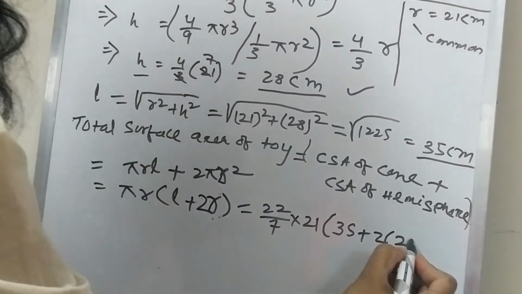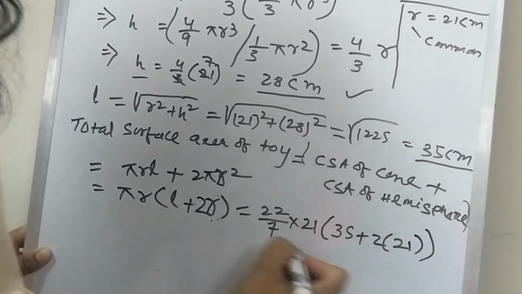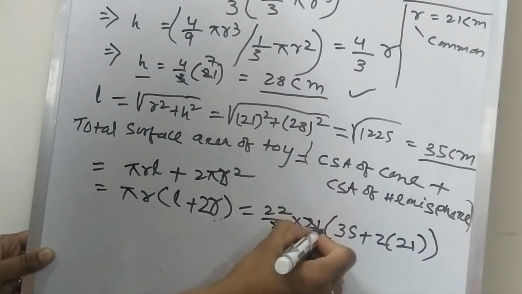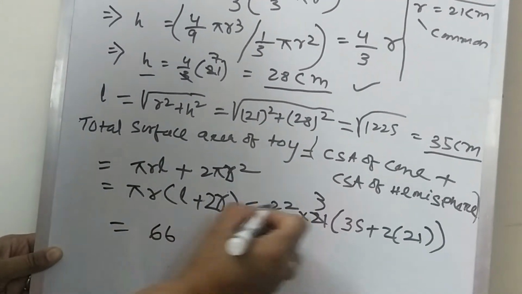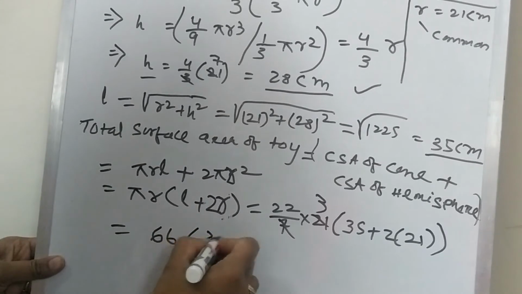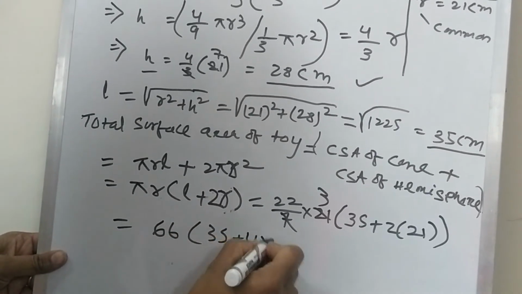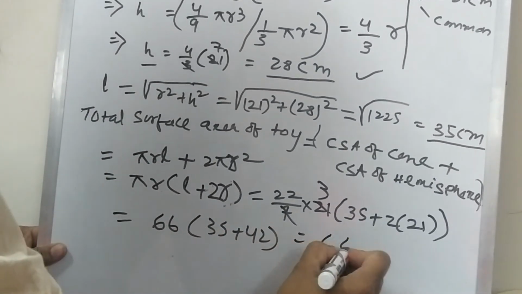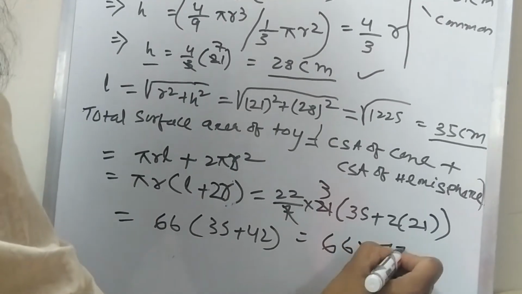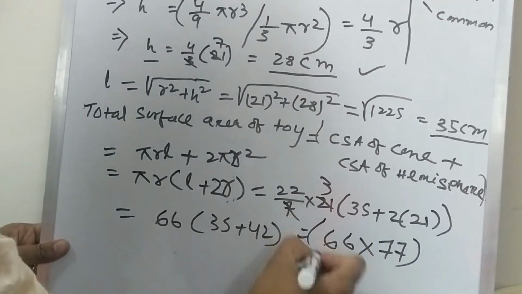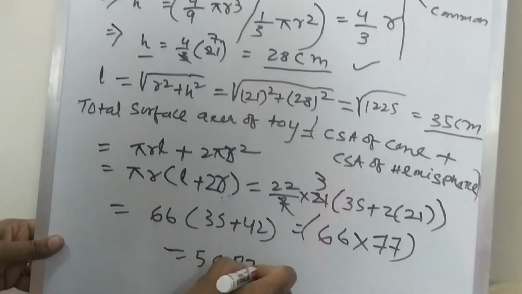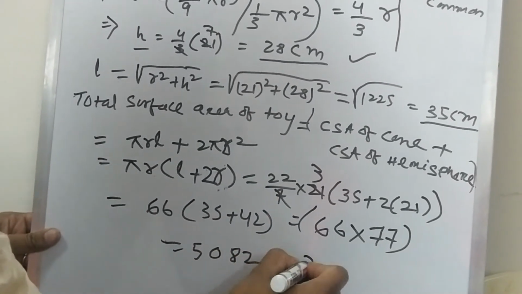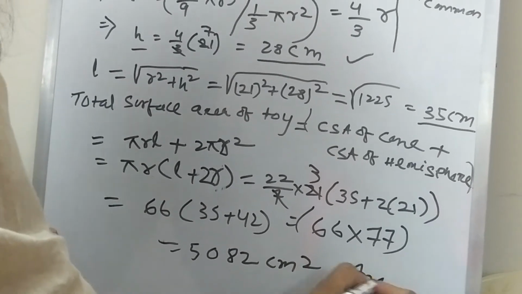After solving this, 7 3s, you will get 66 multiplied by (35 plus 42), then 66 multiplied by 77, equal to 5082 cm square. This is the answer.